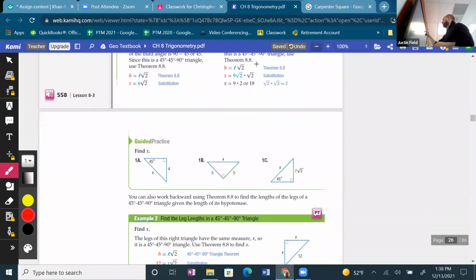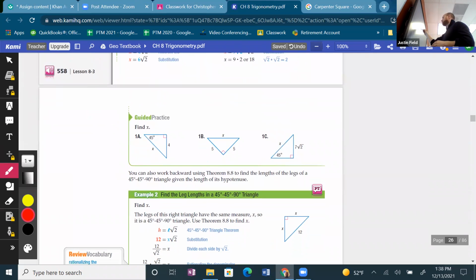Okay, and so then look at this triangle right here. We don't know but one side, but because it's a special right triangle, we know all sides. So the formula for 45, 45, 90, I know I just raced through that, but the 2 legs are the same. It's isosceles, and the hypotenuse is that number times the square root of 2. So in this one, I've been given a leg of 4.